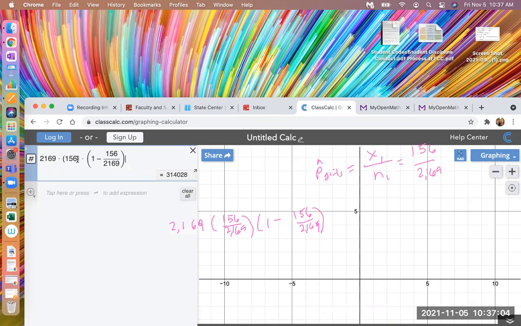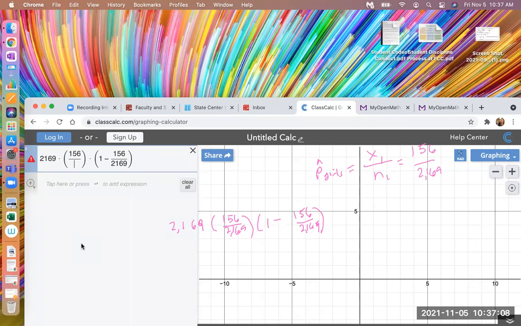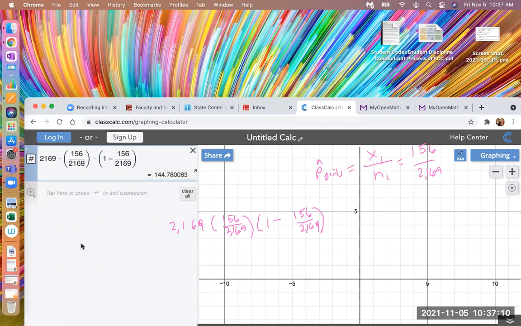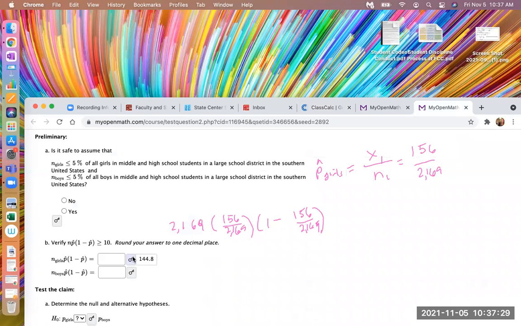Oh, I forgot, I didn't put divided by. Look at me. 2,169. There we go. So 144.8 for one decimal place, because the next digit is 7, you look to the right and ask, is it greater than or equal to 5? And it is. You add 1 to the 7, so you get 144.8.